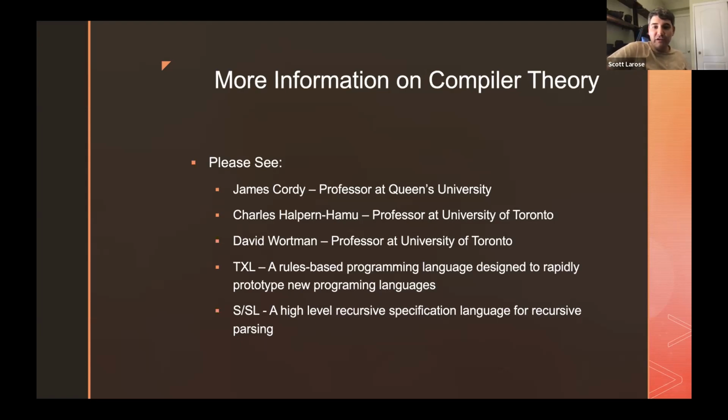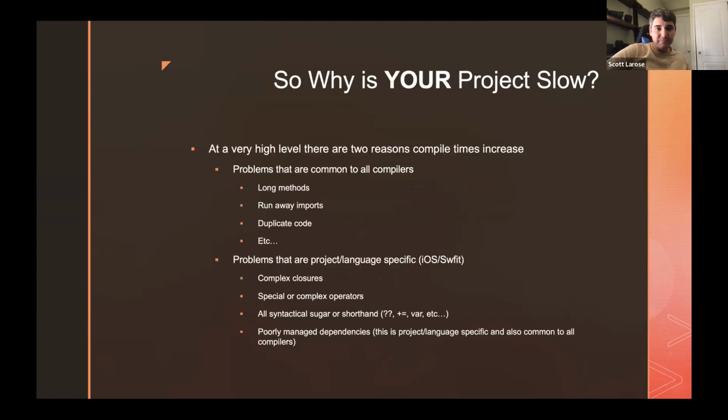It's a rules-based language that allows you to rapidly design a compiler and a rule set, and SSL, a language specific for allowing you to define specifications, and it makes a great rules engine to define what your syntax and the syntax of your tokens you want it to be. So if anyone's ever interested in learning more about compiler theory, it's a bit of a dry topic. I tried to stay as broad as possible. Definitely check out some of these folks online.